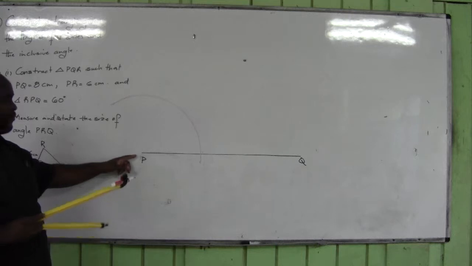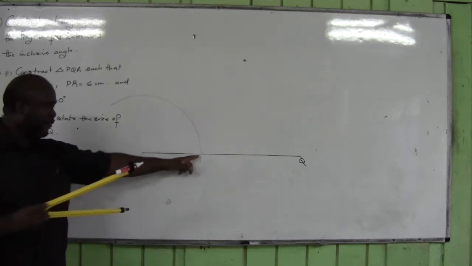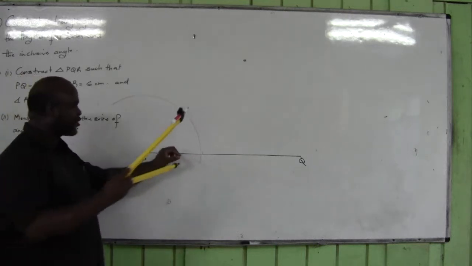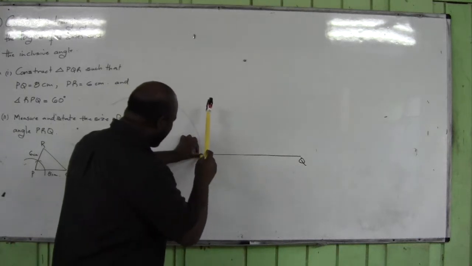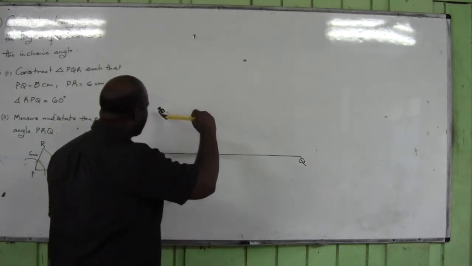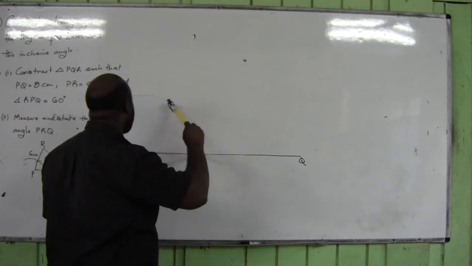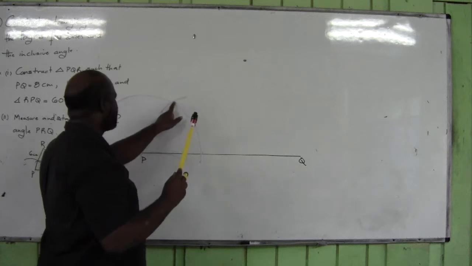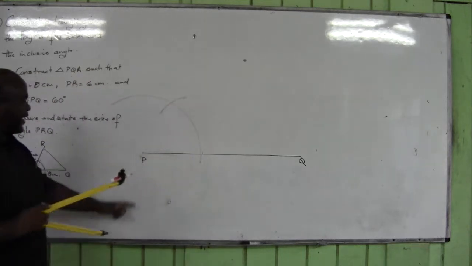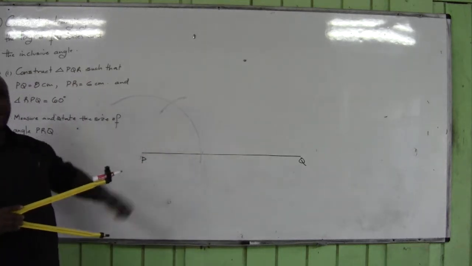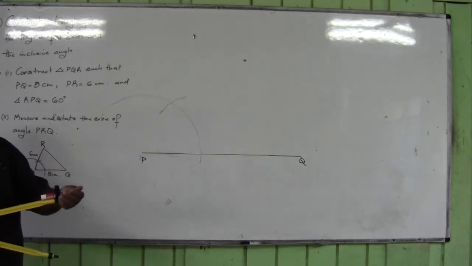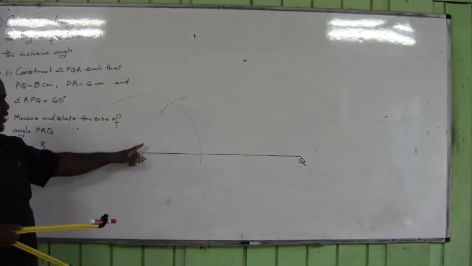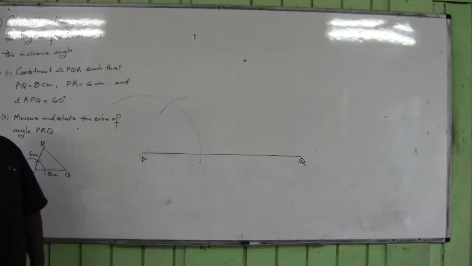Without shifting the compass, I move the metal tip from P and put it at C and scribe a second arc to cut the first arc. A line from P through here will give me 60 degrees.